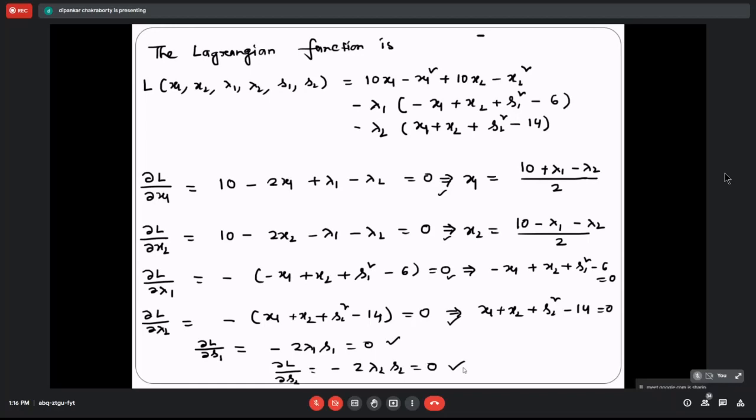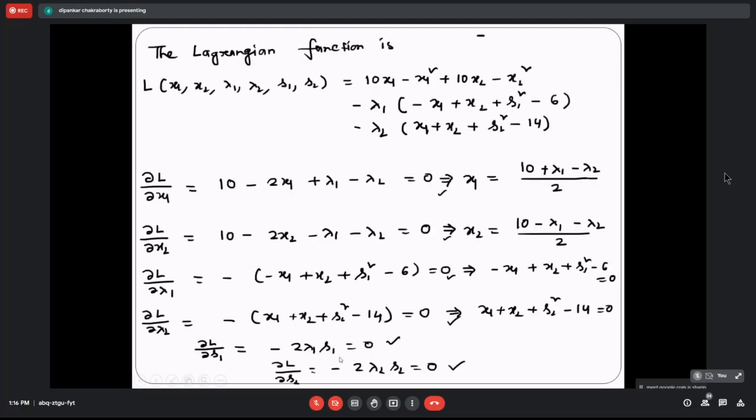Yes, sir. So now the first case. Case 1. I'm assuming that lambda 1 is equal to 0 and lambda 2 is equal to 0. So from lambda 1 s1 equal to 0, I'm assuming lambda 1 equal to 0, and from lambda 2 s2 equal to 0, I'm assuming lambda 2 equal to 0.